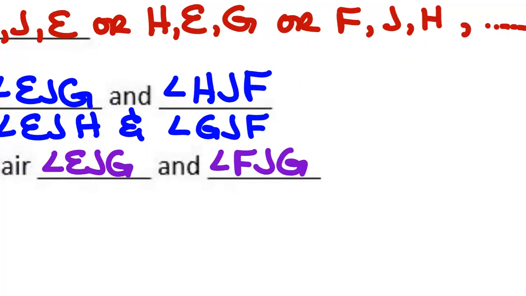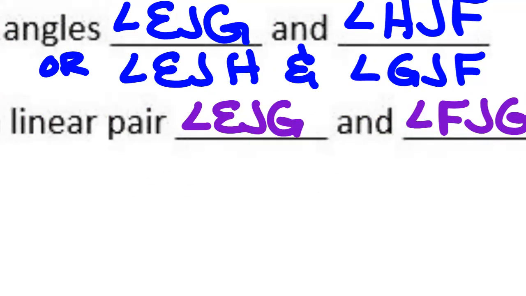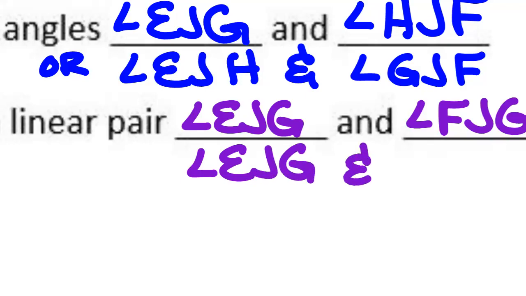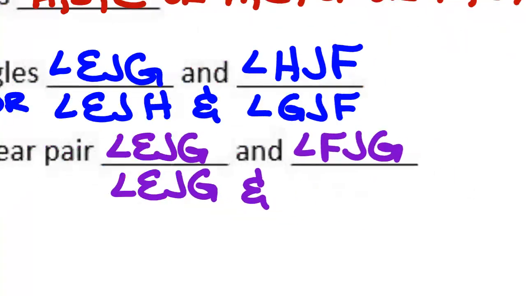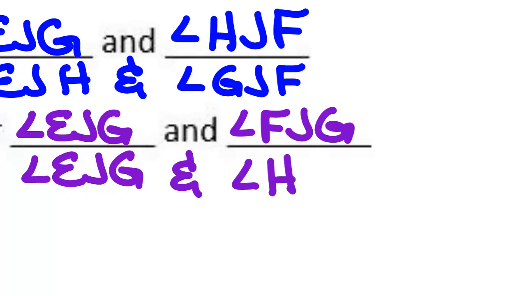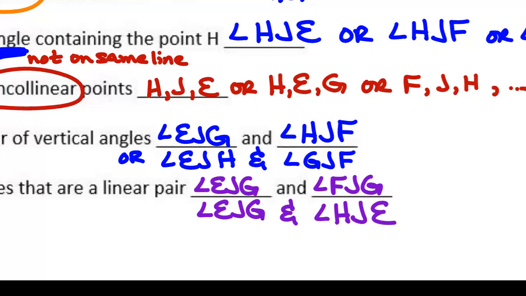Or which other one would also work? What other angle would form a linear pair with EJG? HJE, yes. So there's 2 sets of linear pairs.